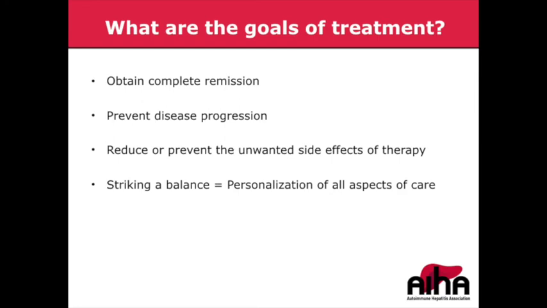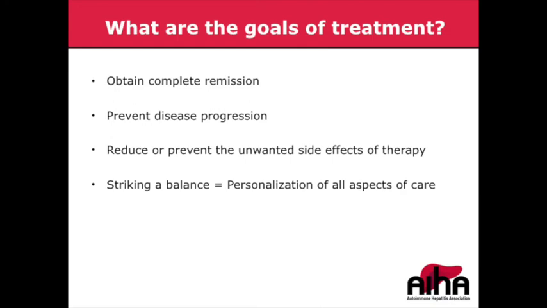But there's also additional concerns, which is trying to prevent the long-term sequelae of this chronic condition, which is the concern for progressive scarring of the liver, which could lead to cirrhosis. And it's really the cirrhosis, for the most part, that leads to morbidity and mortality in autoimmune hepatitis and other chronic liver diseases for that matter as well.